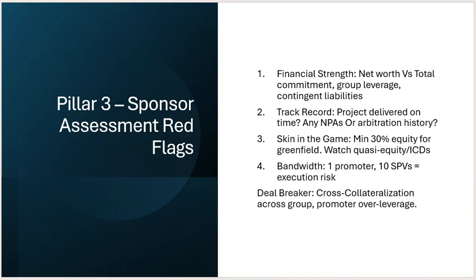What is the total net worth of the sponsor versus the total commitment the sponsor will give to invest in the projects, or the group leverage, how large the group of that sponsor is, and the contingent liability.